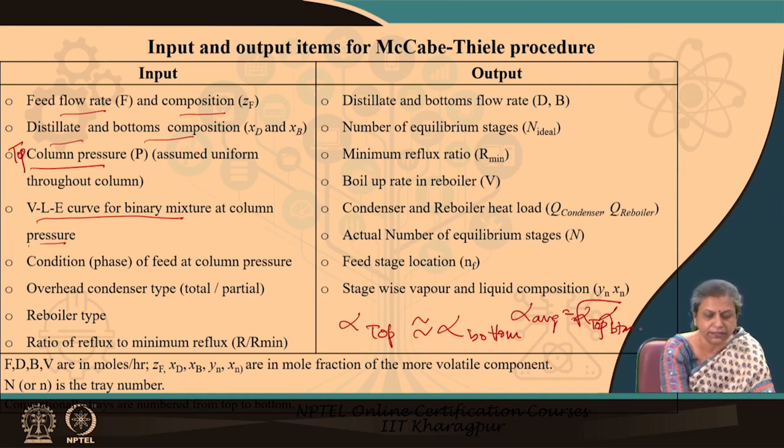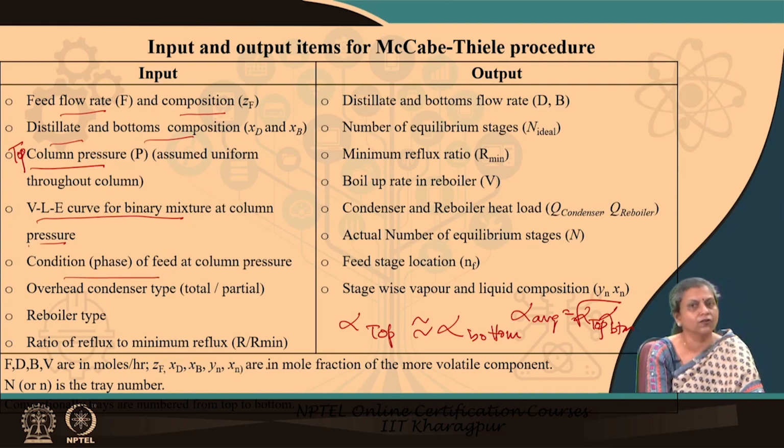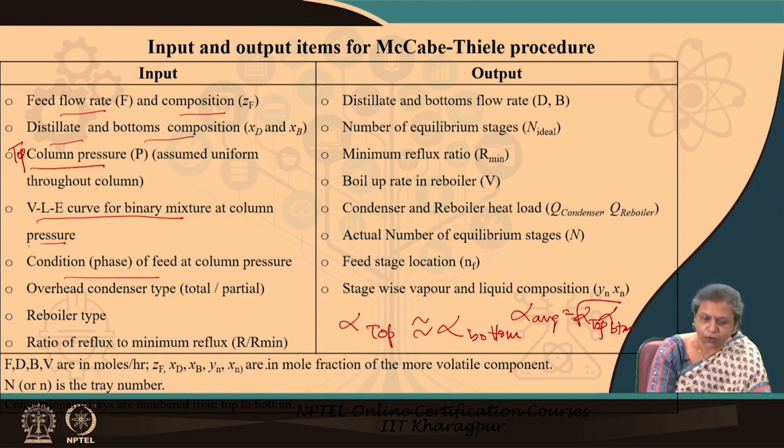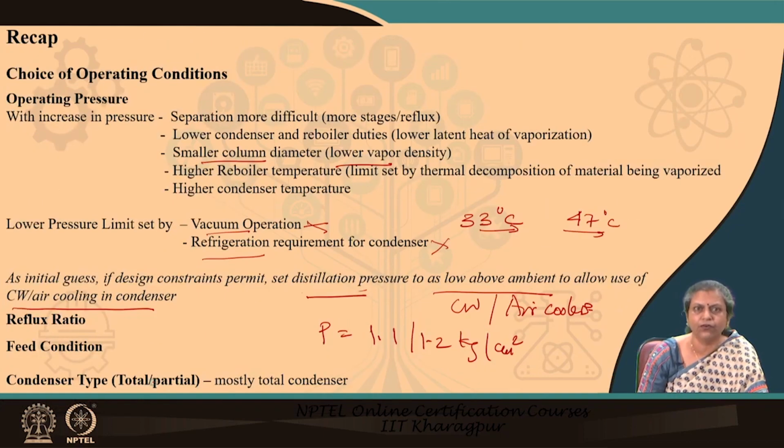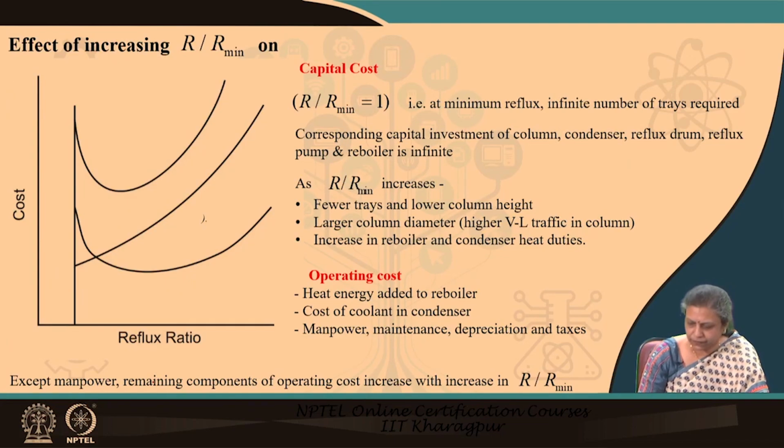The next thing is the condition of the feed at the column pressure. Normally the feed is available as a liquid, and we would like to heat it till at least the bubble point, or till it becomes a two-phase mixture, and then introduce it in the column.